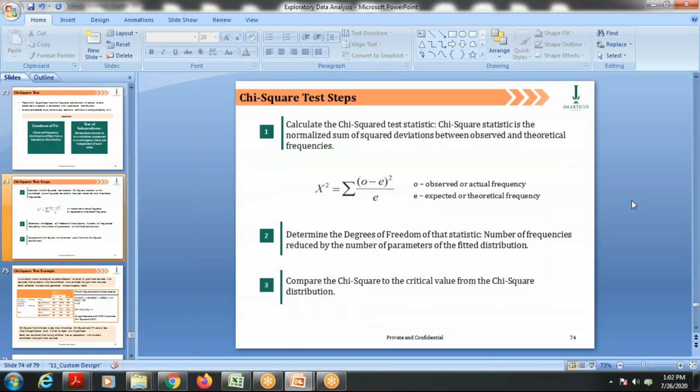Now, this is the equation that shows how the chi-square is calculated. Observed minus expected, we square it and divide by the expected. Clear? Now go through it, you will come to know what it's saying.